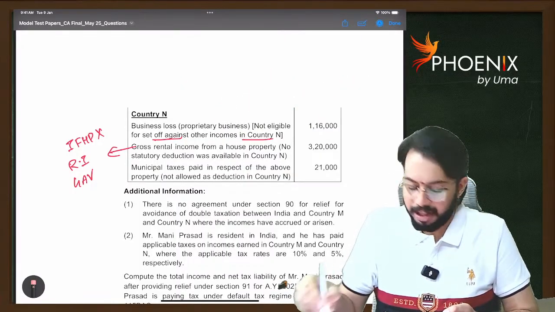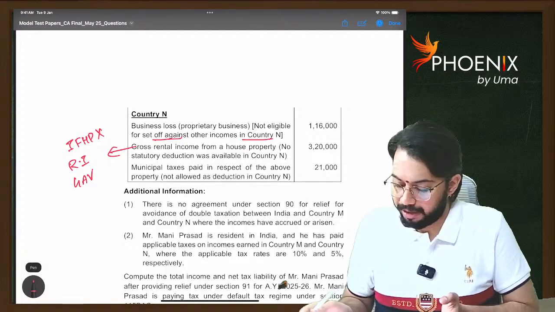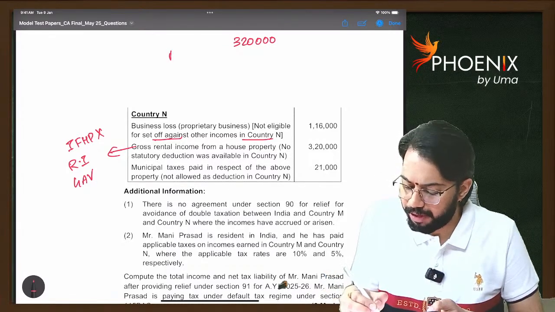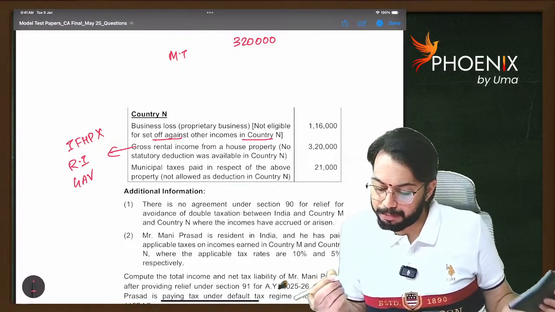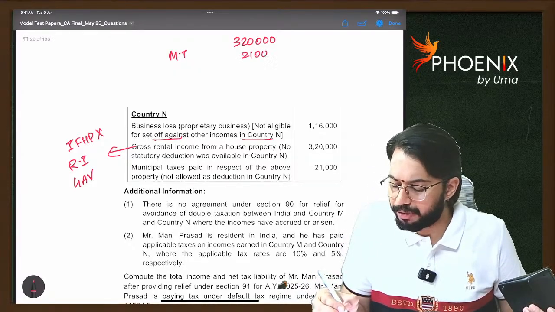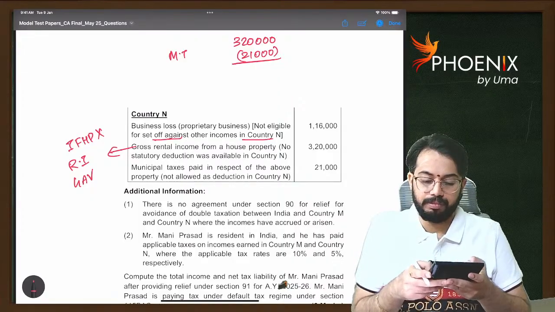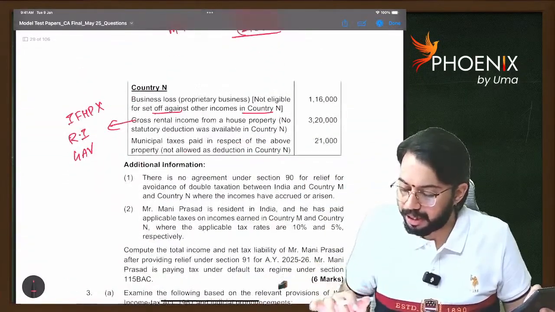Municipal taxes are there. What is income from house property? 3,20,000. From this we will reduce municipal taxes. How much are municipal taxes? 21,000. Balance 2,99,000. Correct?